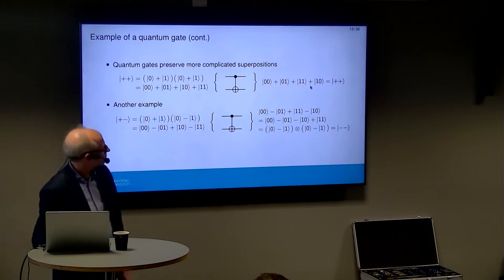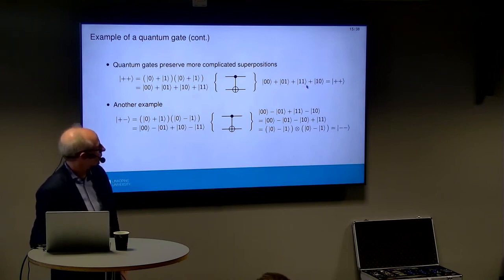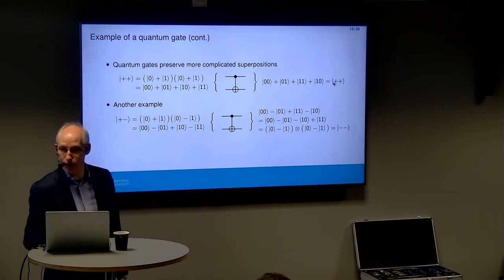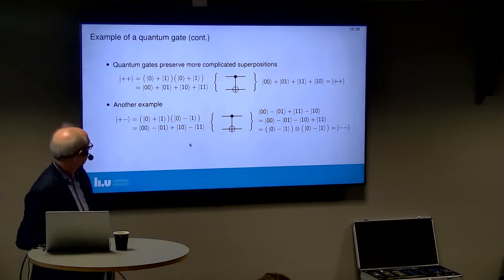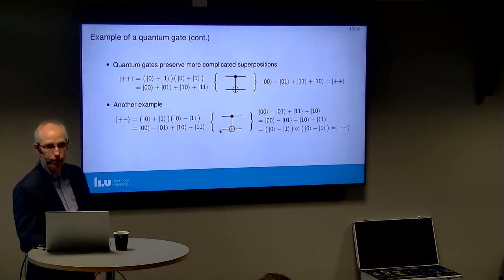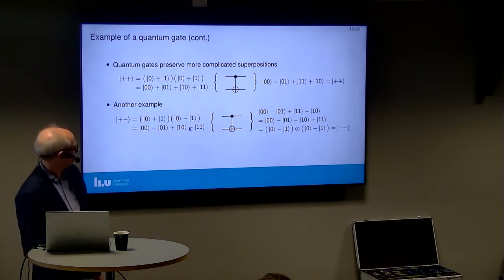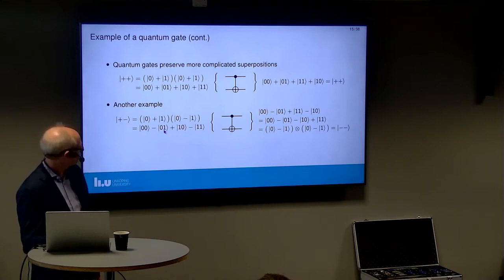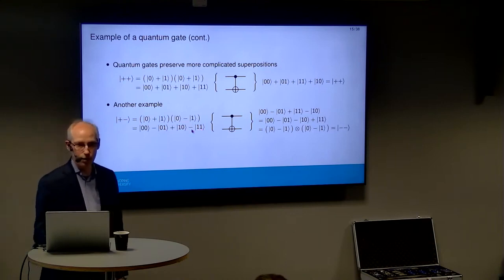But this is just a regular sum, so the order doesn't really matter. Nothing will happen to the output in this case. If I have a different superposition with a minus sign on the bottom here, that minus sign will appear here and there. Because the second bit is 1 here and here. So that sign will end up here and there.